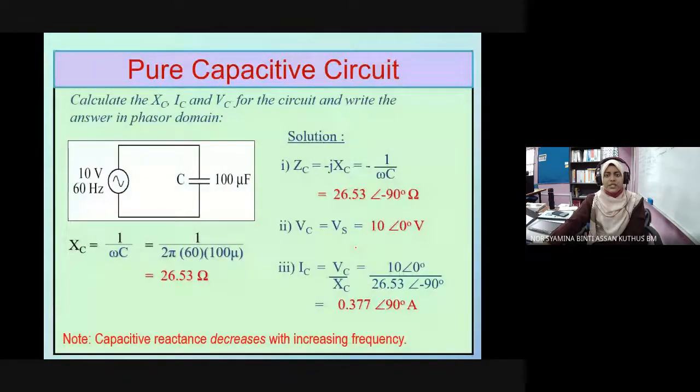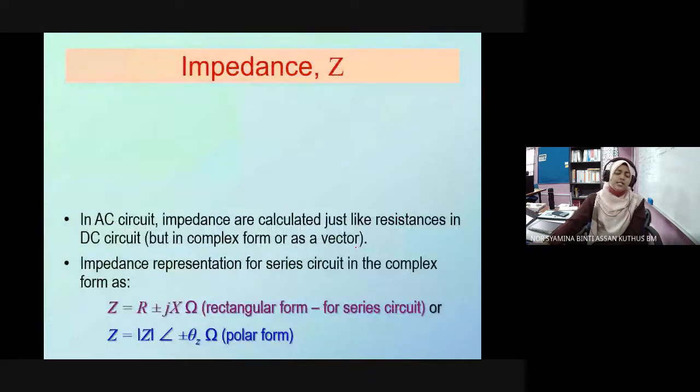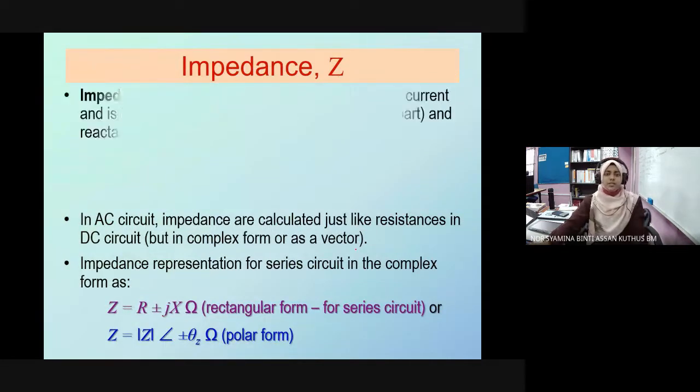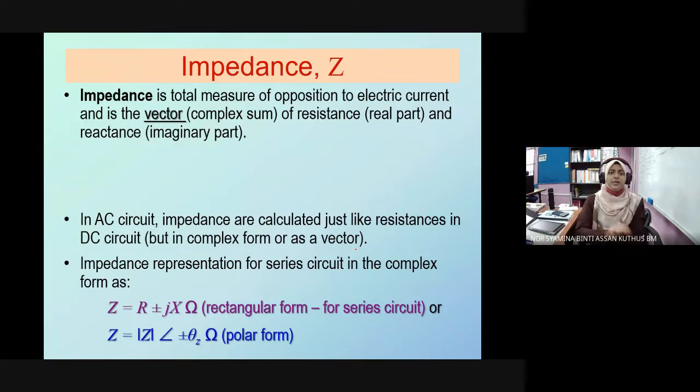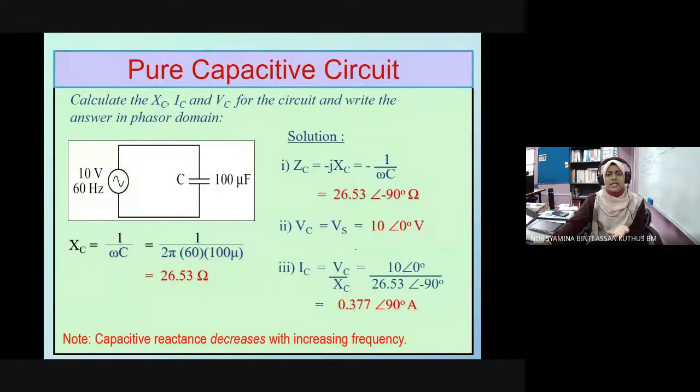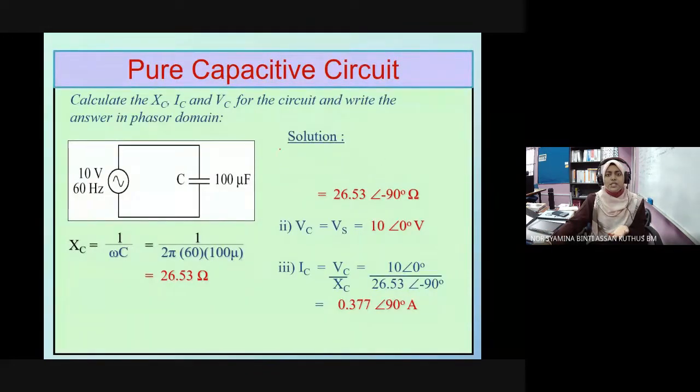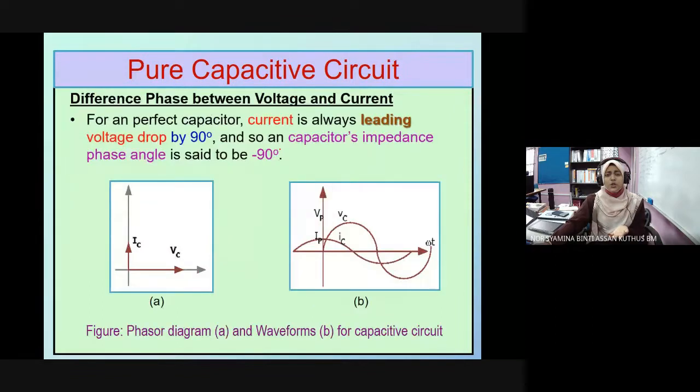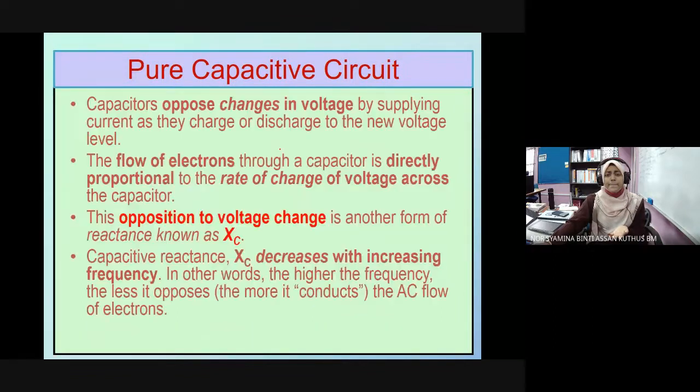Boleh? Kita dah belajar ZC, ZL, ZR. Apa itu Z sebenarnya? What is impedance? So impedance sebenarnya adalah measure of opposition to electric current. Dekat sini ZC ini adalah measure of opposition to voltage kan. Dia opposes change in voltage.